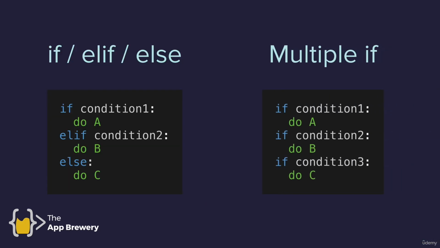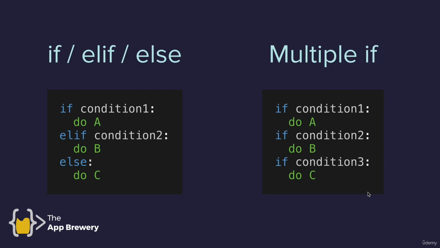To do this, we would write multiple if conditions. If condition 1 is true, then do A, but then the code is going to go to the next case and check if condition 2 is also true, in which case it will do B, and if the final condition is also true, it's going to do C. Comparing the example on the left, where we're using if, elif, else, only one of these things, A, B, or C, will be carried out.